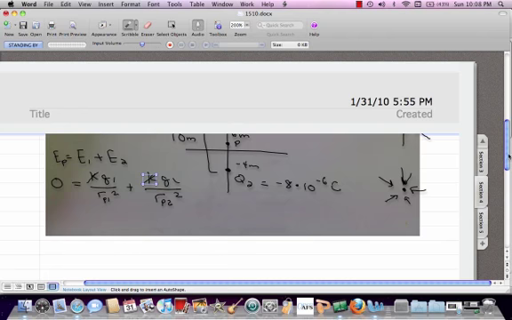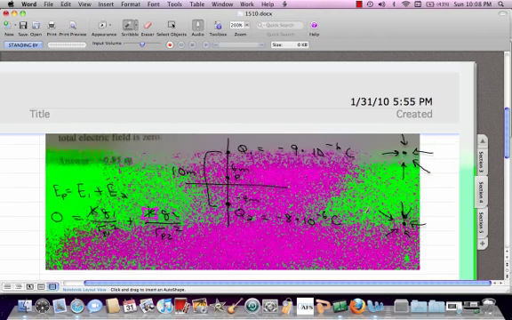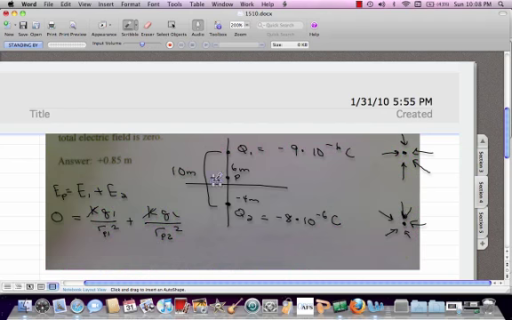I'm going to call this distance from here to here X. And then the distance from here to here would be the full distance, 10, minus X. So this part right here is going to be 10 minus X. And that's what I'm going to plug in for my R's.